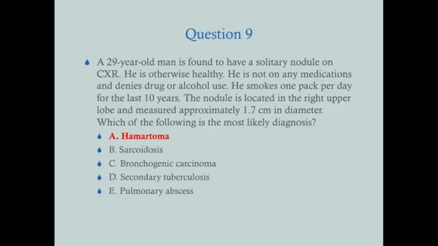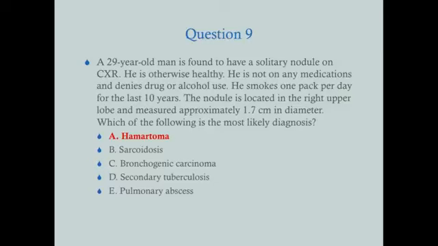Bronchogenic carcinoma also commonly presents as a peripheral solitary nodule, as this patient did, but these patients will tend to be older and have a much more extensive smoking history. We certainly cannot rule out bronchogenic carcinoma in this patient just by clinical picture and radiographs alone, but it's very unlikely just because of his age.